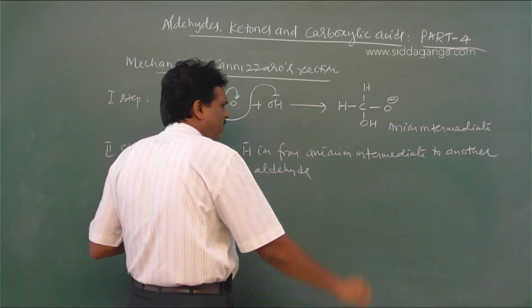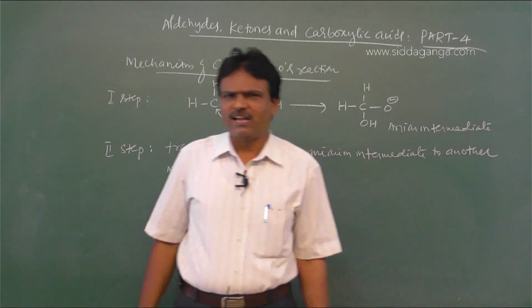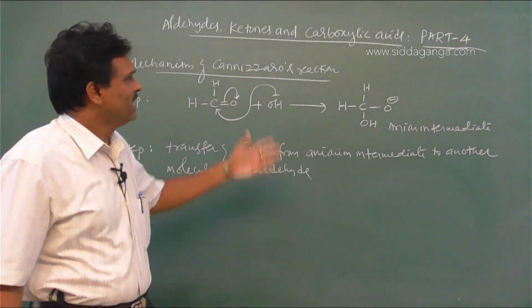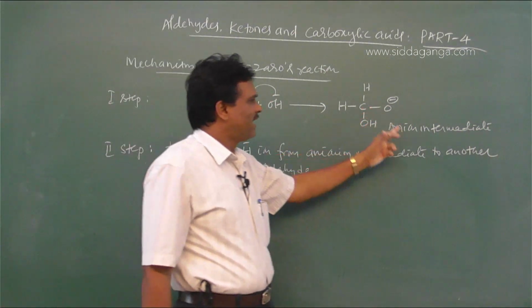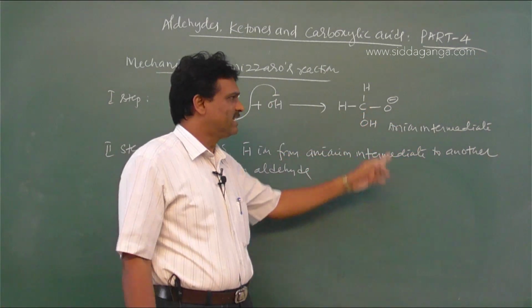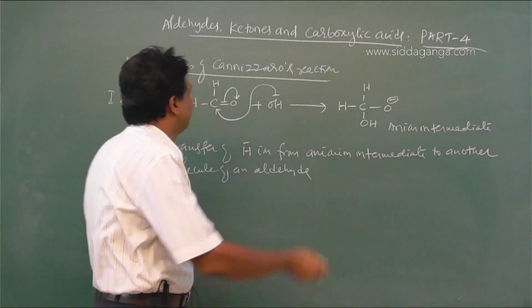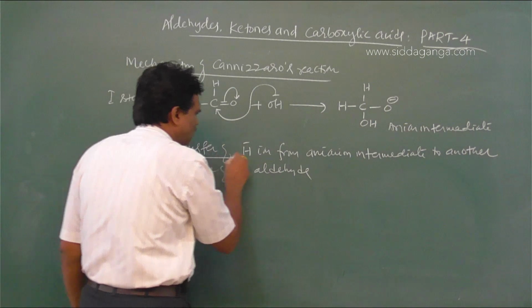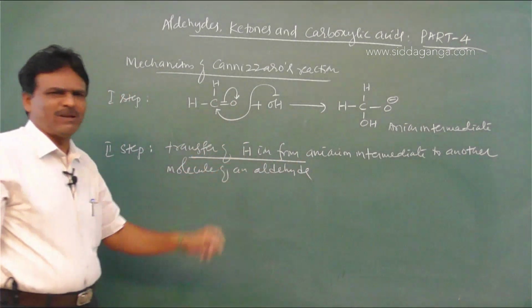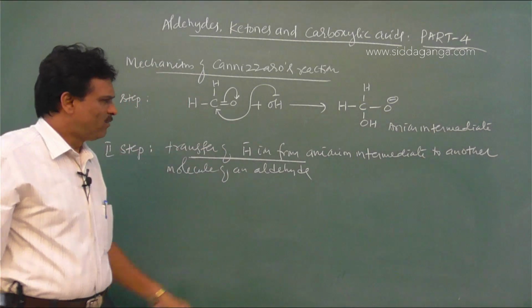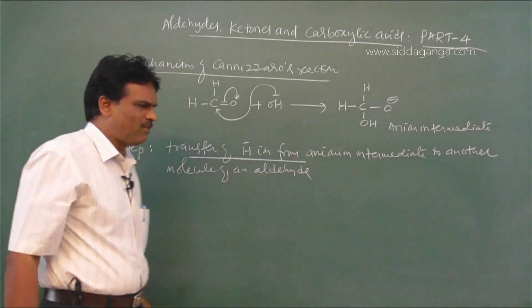Note, in the case of aldol condensation reaction, a carbanion intermediate is formed. In the case of Cannizzaro reaction, an anion intermediate is formed. So here it is not a carbanion, an anion intermediate is formed. And also in Cannizzaro reaction, there is a transfer of hydride ion from the anion intermediate to another molecule of an aldehyde.